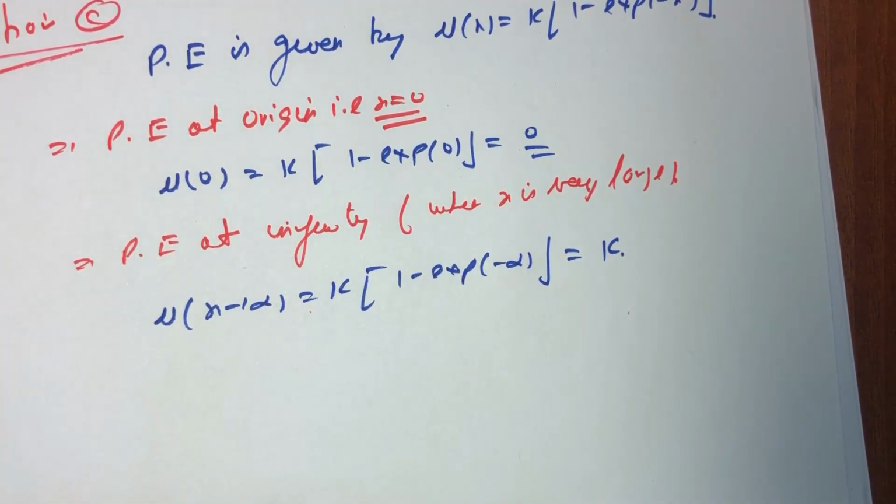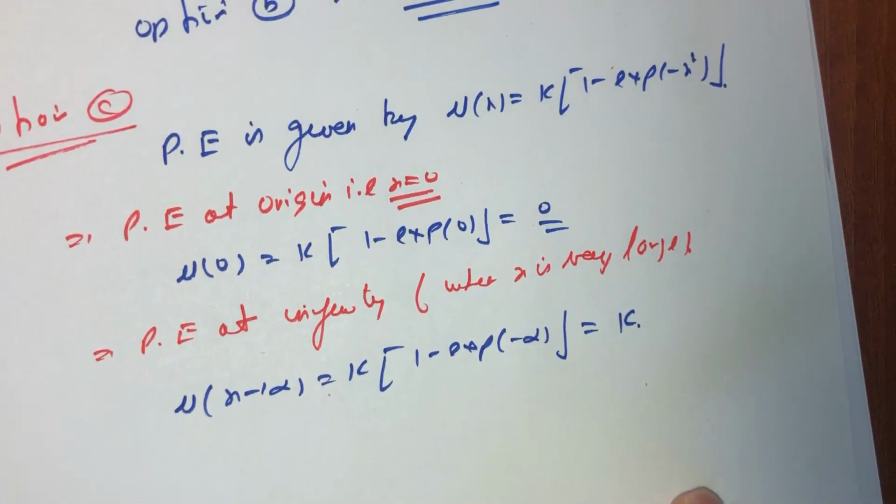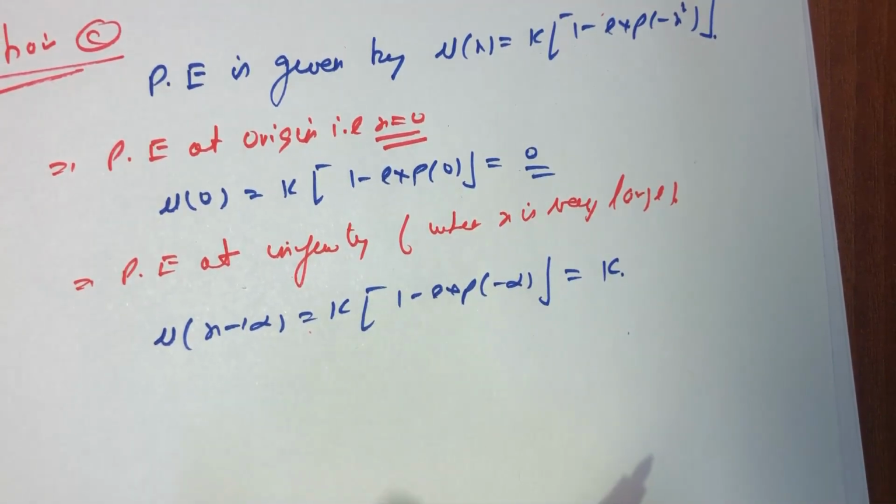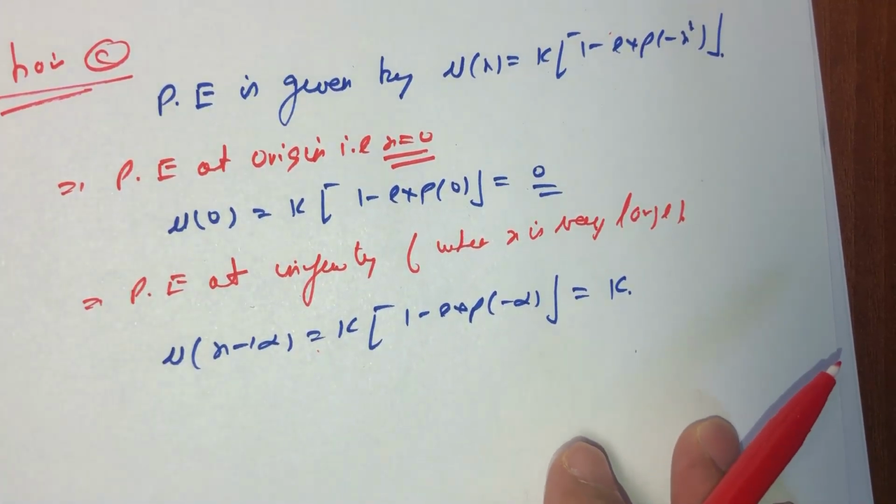And we also know that the total mechanical energy at the origin will be equal to the kinetic energy at the origin plus the potential energy at the origin.